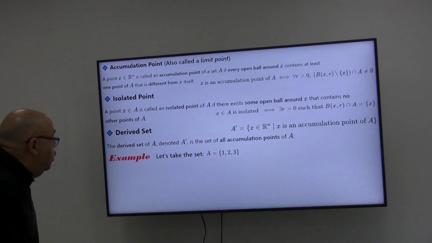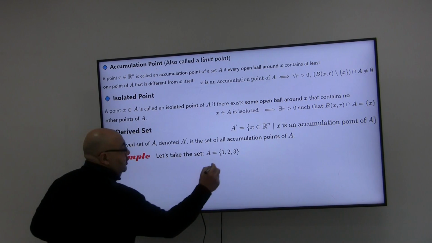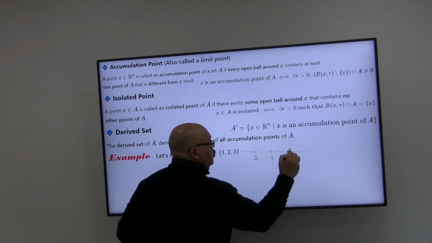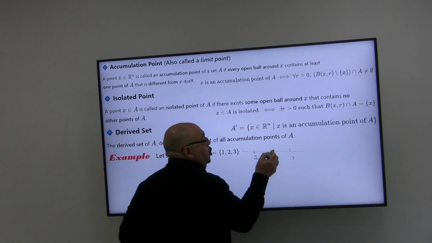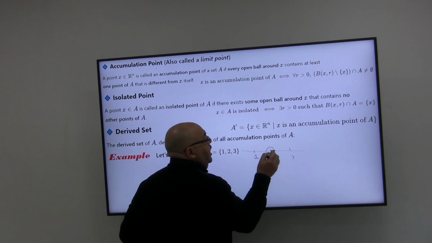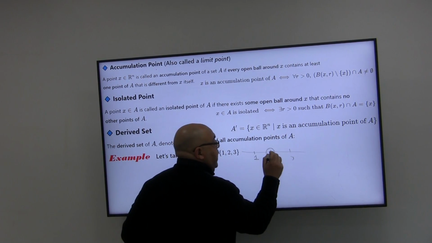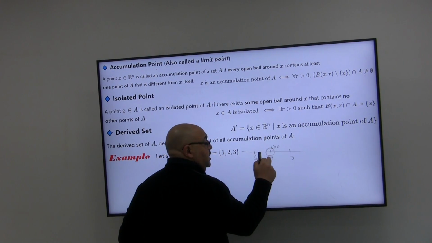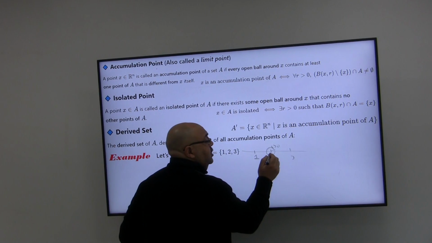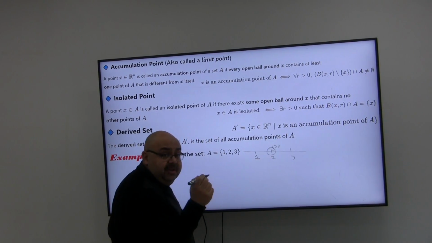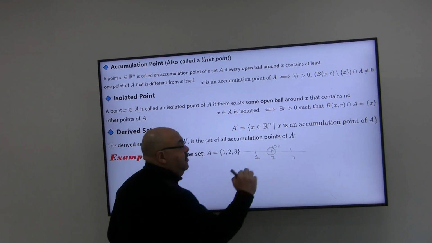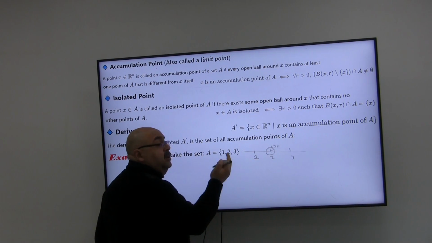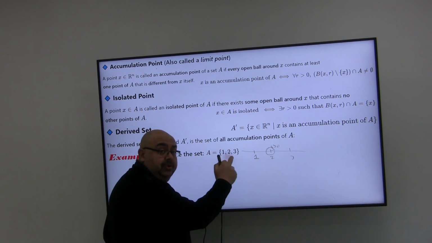For any of these points on my line, 1, 2 and 3, if I try to draw an open ball around 2 with epsilon greater than 0, is it going to cut anything else with 2 other than 2? Are there other points in this set? Which numbers are in it? 1, 2 and 3.